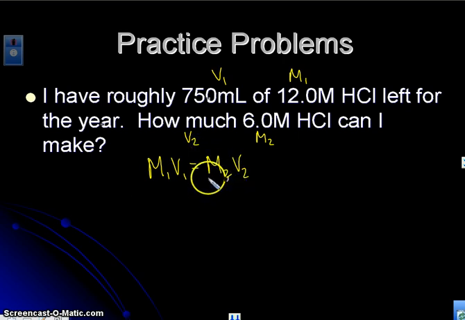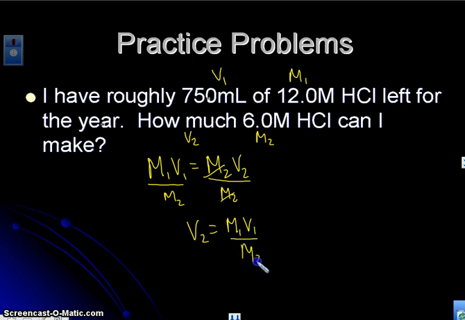So I'm going to solve algebraically to get V2 by itself. I'm just going to switch sides here. We know that M2 is going to cancel out. V2 will be M1 V1 divided by M2. Then I can substitute the numbers from my word problem.